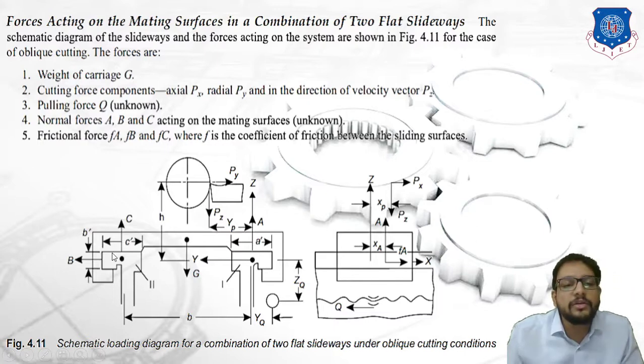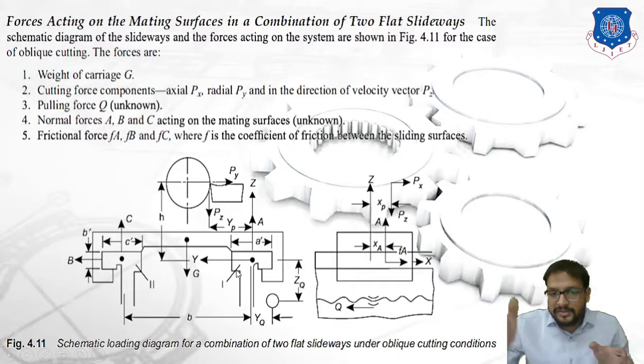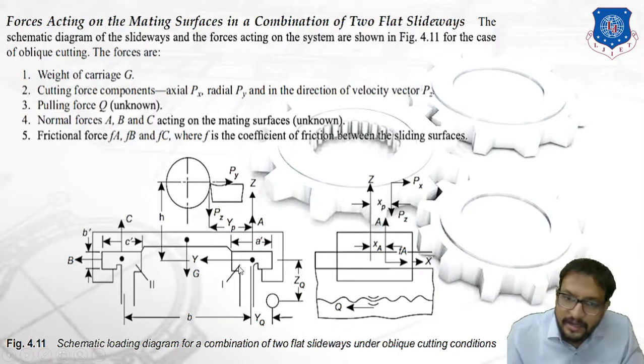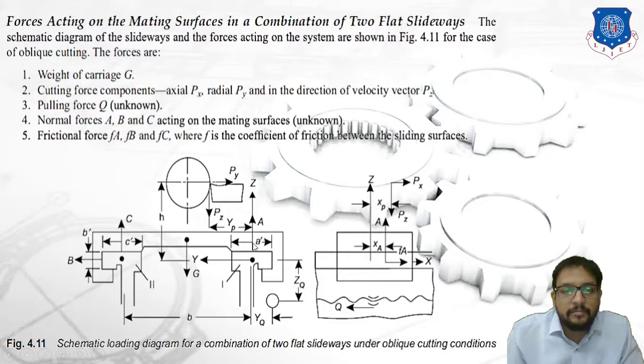Now the normal force which is acting on this surface is capital C. Similarly, on the second rail on the other side, you can see again there are two flat slideways. Now the normal force which would be acting is capital A, in an upward direction. But there is also a normal force which is acting in a horizontal direction, which you can see on this side, represented by capital B.